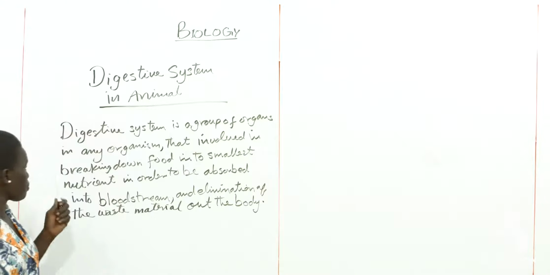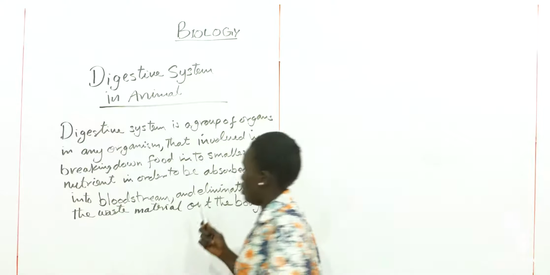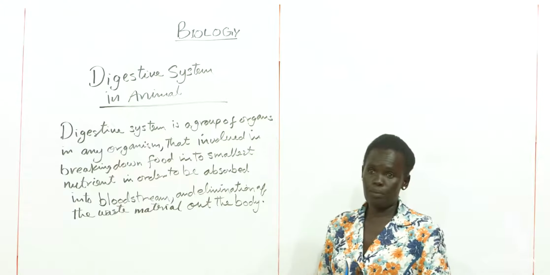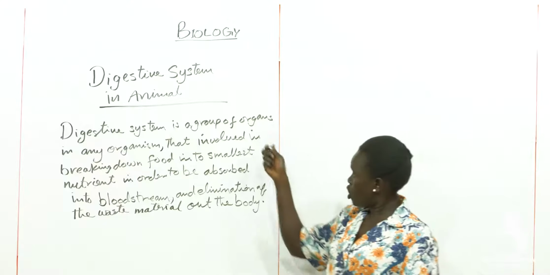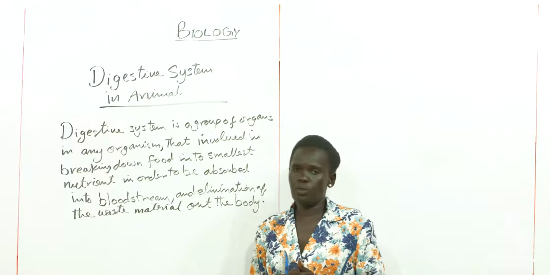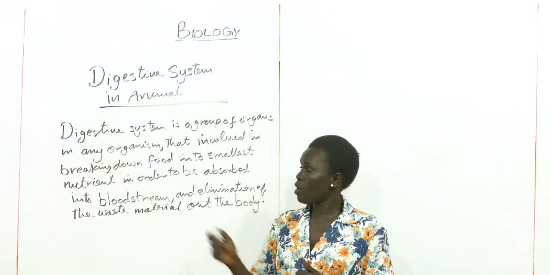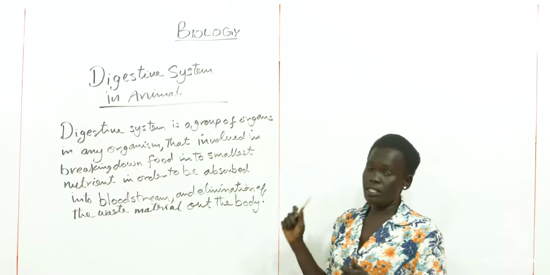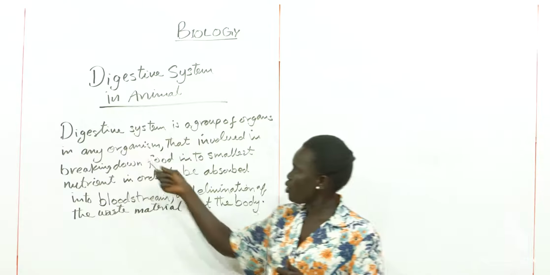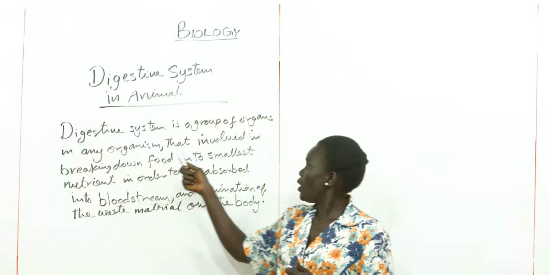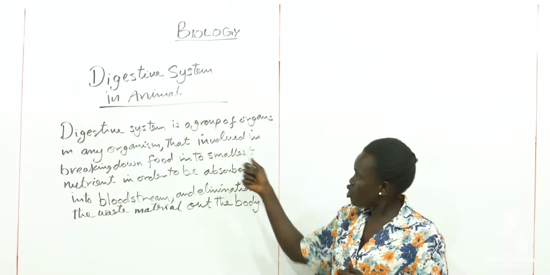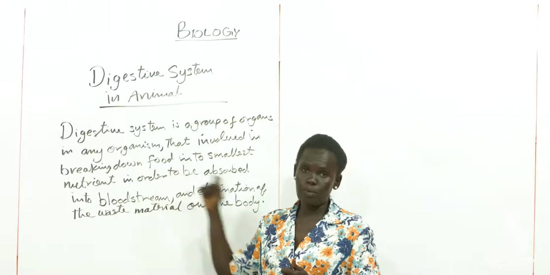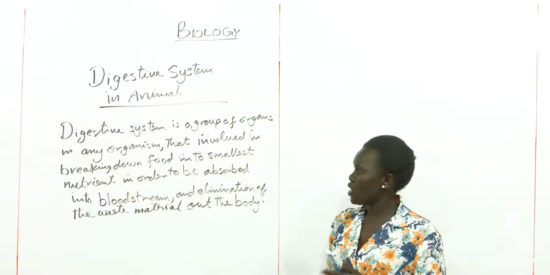From this definition, system is made up of organs. Organs are a collection of tissues. That's why the definition is digestive system is a group of organs in any living organism. This group of organs is involved in breaking down food into the smallest nutrient.